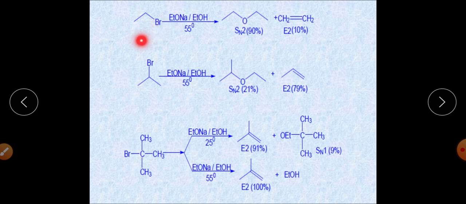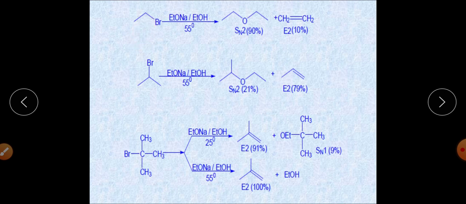For example, this is a case of primary alkyl halide, and this is the reaction condition: at 55 degrees Celsius you are having sodium ethoxide in ethanol. You can see, my dear students, that SN2 reaction is 90%. Chance of nucleophilic substitution bimolecular reaction is 90%, and the chance of E2 reaction is only 10%.